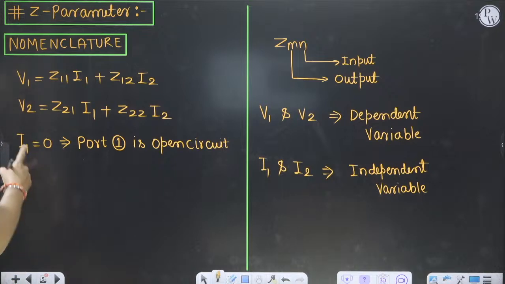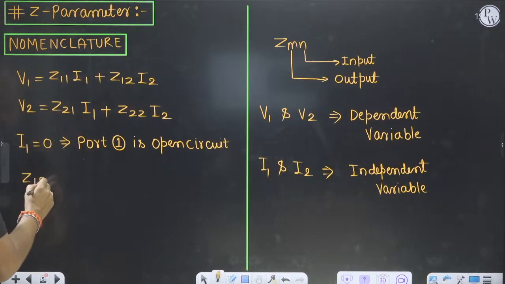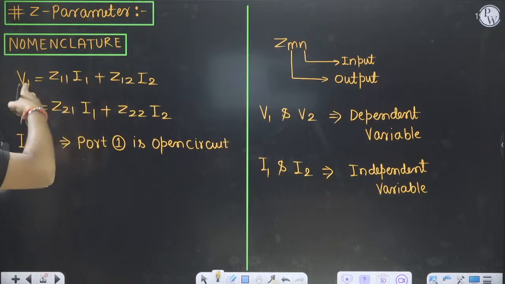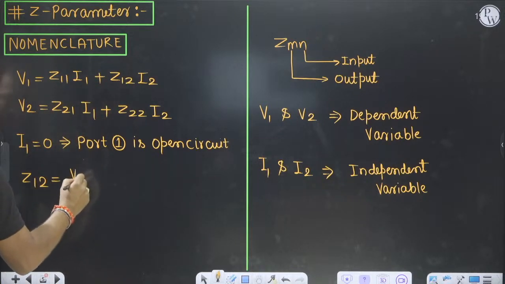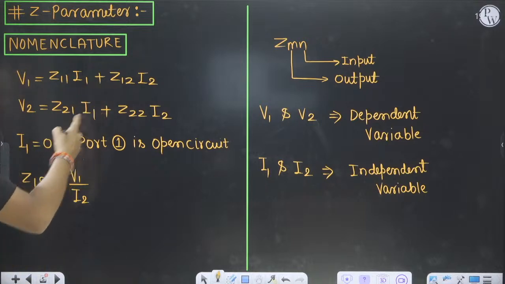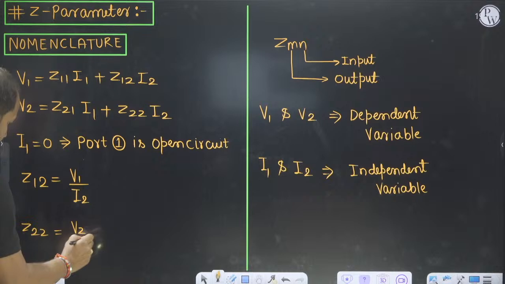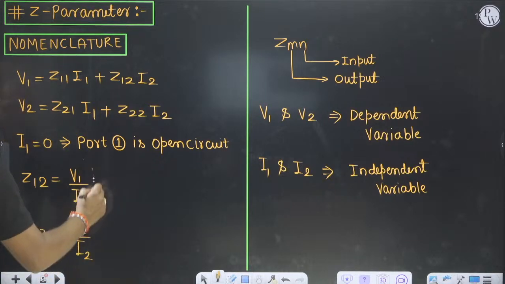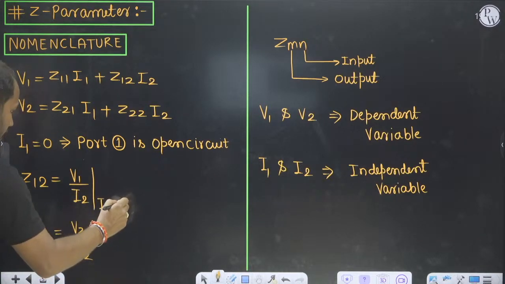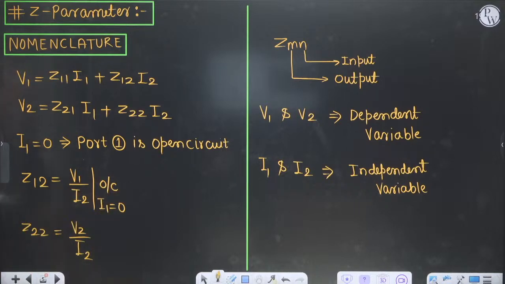Then if I1 is 0, I will derive Z12. Z12 is V1 by I2, and Z22 is V2 by I2. Here I1 is equal to 0, that means port 1 is open circuit.